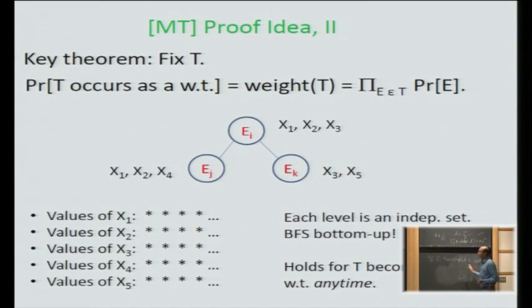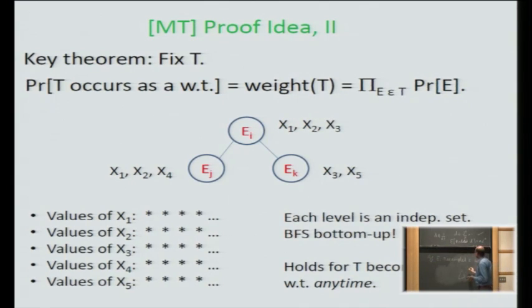So the expected number of iterations overall is simply the sum over all possible trees t of the probability that it happens, just the linearity of expectation. So basically once you have the probability that a particular witness tree occurs, the expected number of iterations is simply the sum over all possible trees t of this quantity. Just think about it this way: what is the expected number of times E_i is resampled in your algorithm?